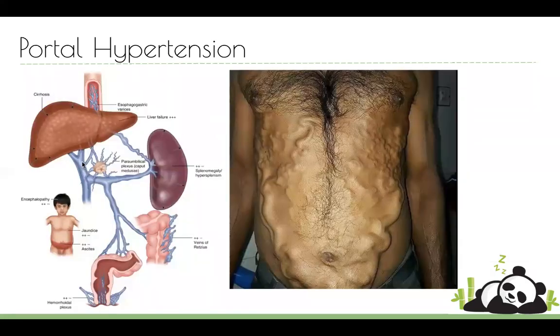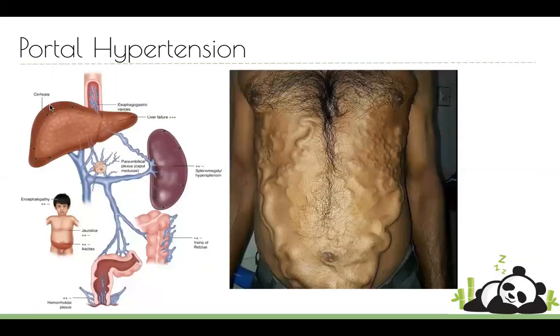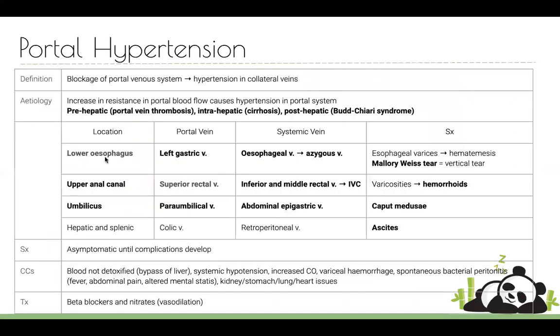Essentially, if you block something here, then obviously the pressure is going to backflow to everything, causing portal hypertension. Intrahepatic is cirrhosis. If the liver is cirrhotic, then the vessels in there are pretty cramped and squished, and so that brings back pressure again. And then posthepatic is like Budd-Chiari syndrome, which you don't have to know very well. It's a congenital syndrome which causes portal hypertension.